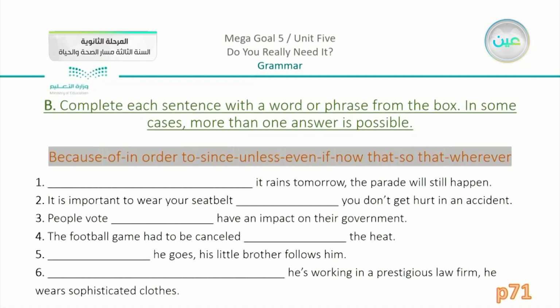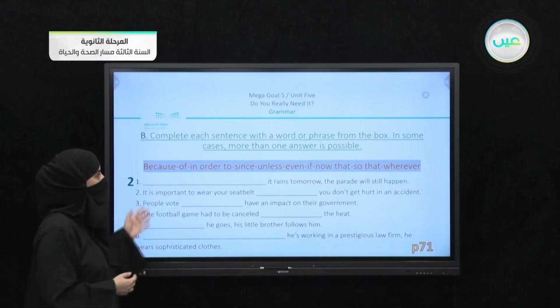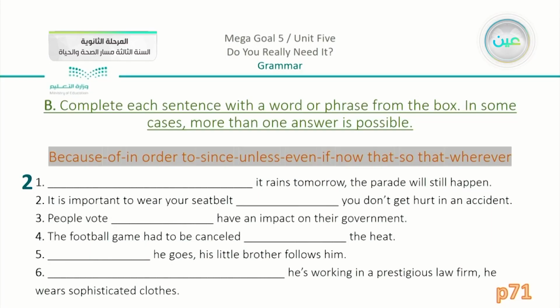Now, in number 1, we actually have 2 conjunctions that are suitable. We're going to read. We have here, it rains tomorrow, the parade will still happen. So we have here something as a condition here. Now, I can say, even if it rains tomorrow, the parade will still happen. So this can be a choice.